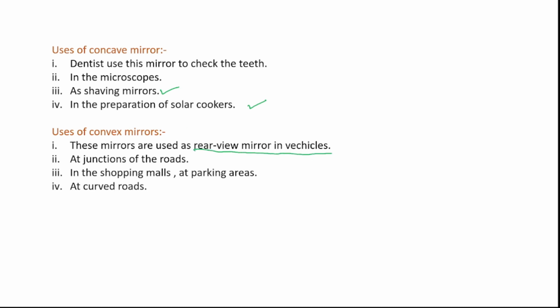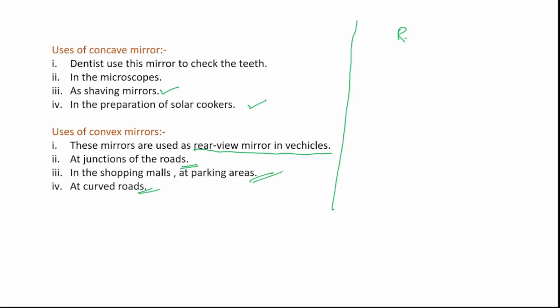So we have rear view mirrors in our vehicles, right? So they are made of convex mirrors. Next, they are used at the junctions of the roads so that we can get a far view. And next, in the shopping malls at parking areas. Next, at curved roads. Okay. So these are the uses of concave and convex mirrors.